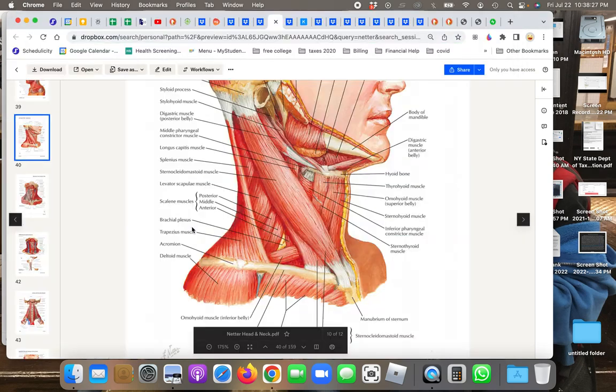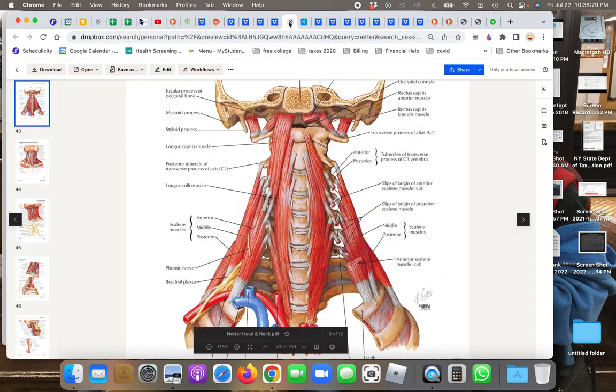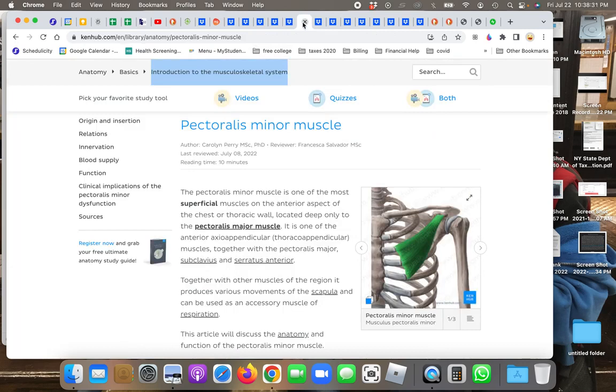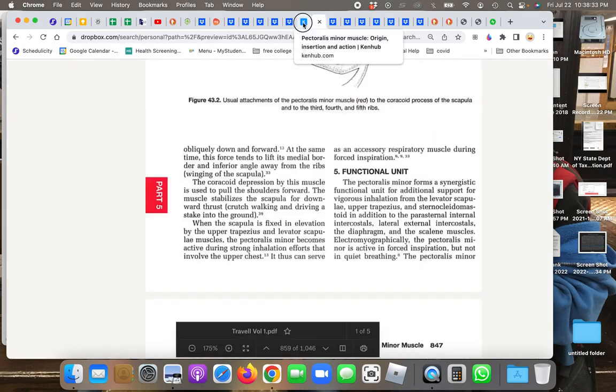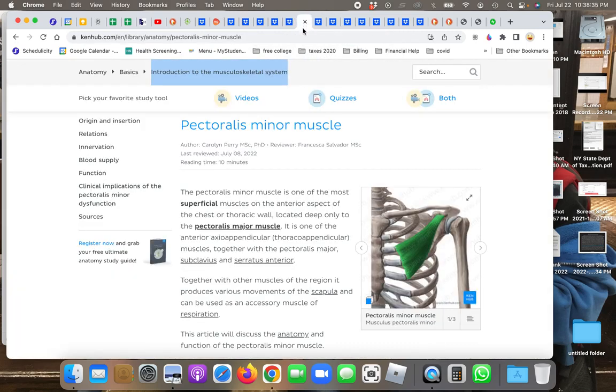It's the Pectoralis Minor. So this is a little tricky, and let's go over it. So the correct answer is Pectoralis Minor. Now, the Pectoralis Minor muscle attaches to the coracoid process of the scapula, so it is part of the scapula, and it therefore controls some of the movement of the scapula.